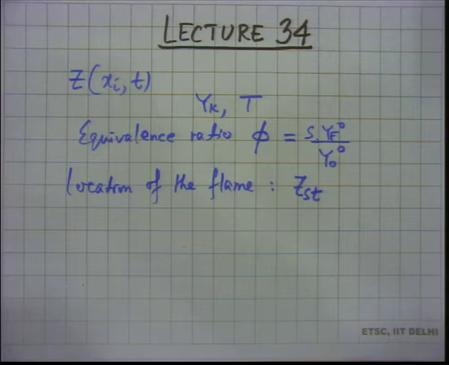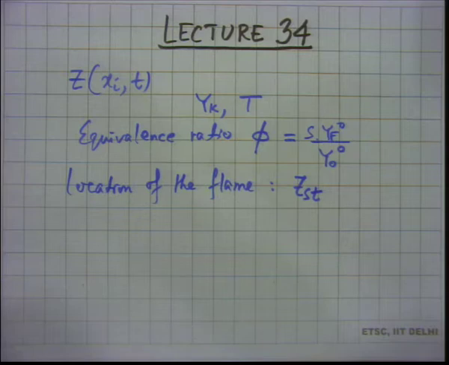And in the last class, we had actually derived expressions for fuel mass fraction, oxidizer mass fraction, and temperature as a function of Z for a case when the chemistry was irreversible and infinitely fast. And I said that those expressions can be divided into expressions which are inside the flame and outside the flame.